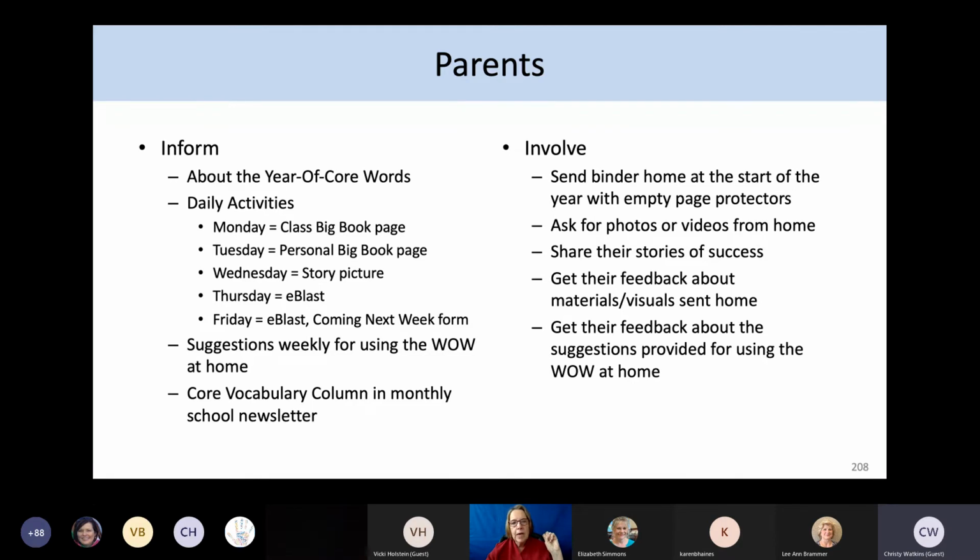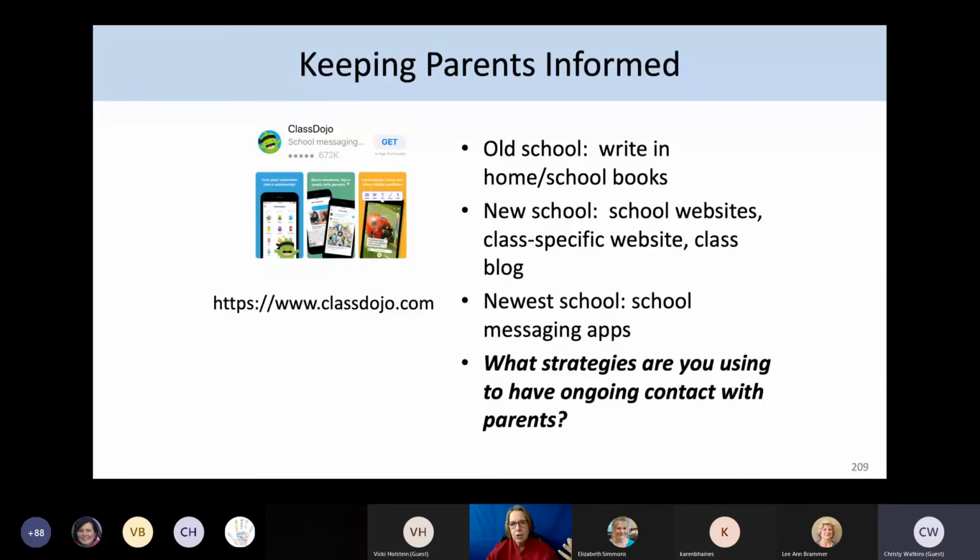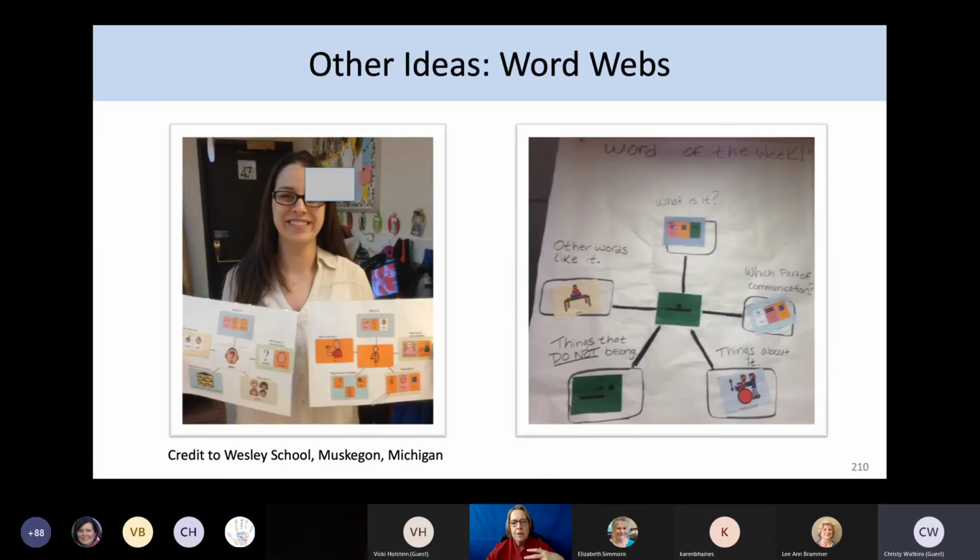And Maureen would say, to get them involved, you have to keep them informed, stay the course, do everything you can to get them involved in ways that work for their family structure. So she's used all sorts of different apps, or there's school messaging apps that she could use to keep those parents informed. I share with you from the Wesley School in Muskegon, Michigan.